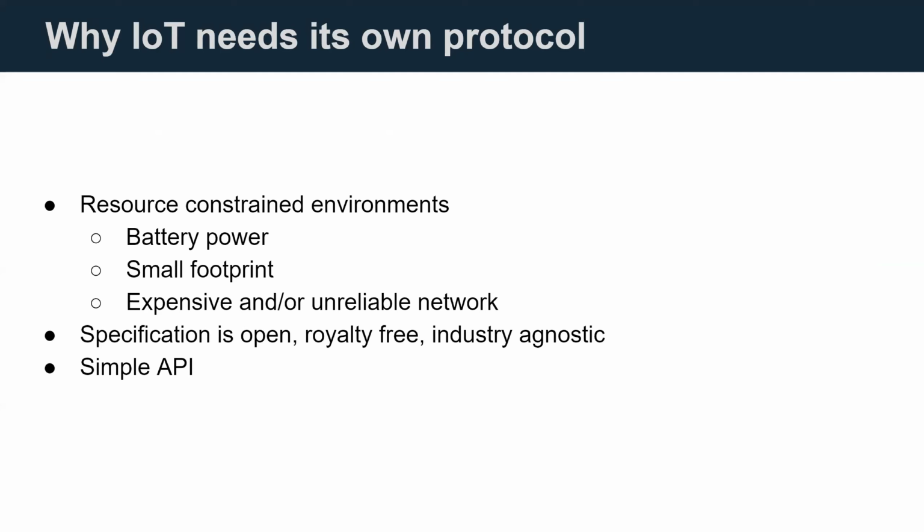So the primary concern of many IoT projects is one of resource constraints. These devices might have tight power budgets or small memory availability, or they might be operating on networks that are either unreliable or expensive, each of which requires minimizing the amount of data transferred.